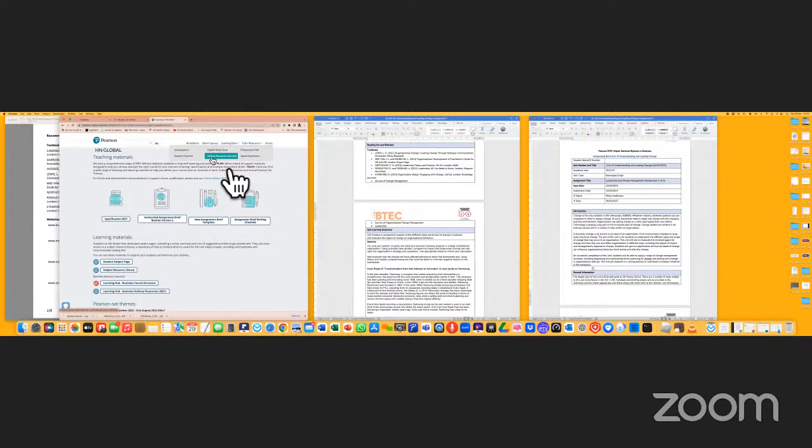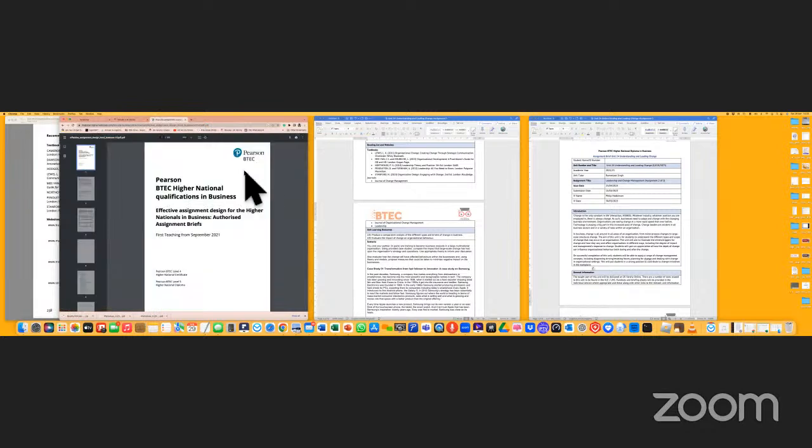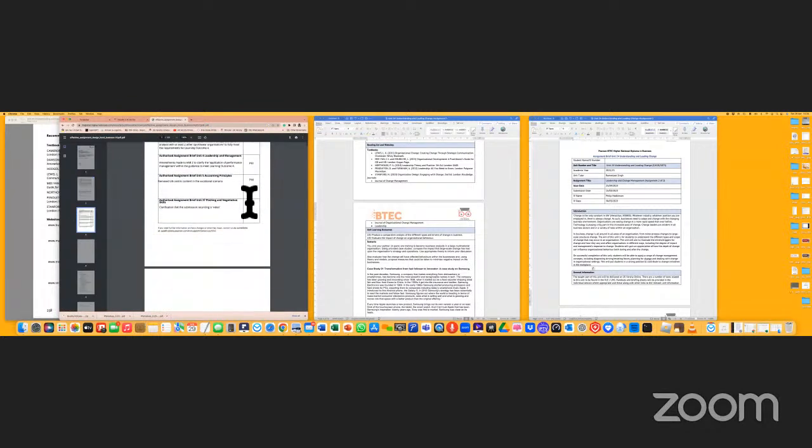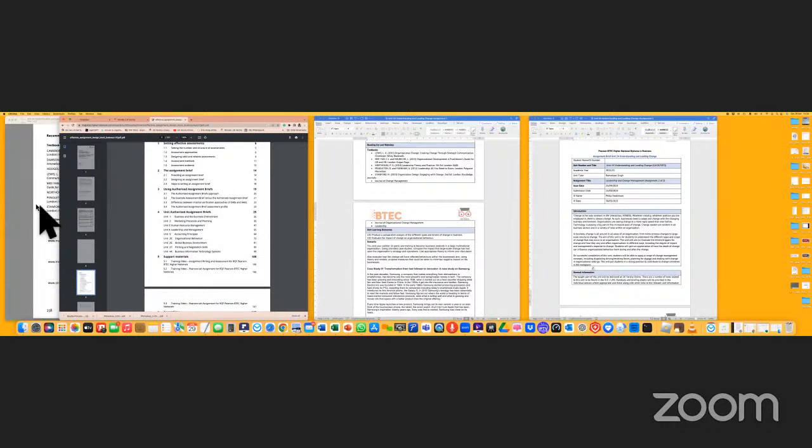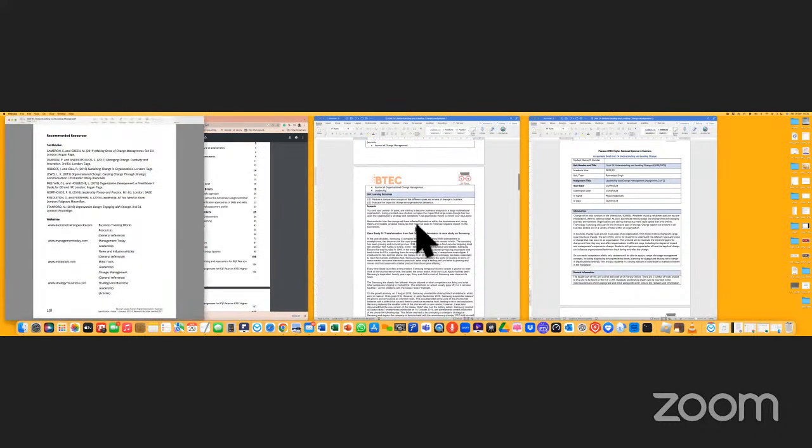They could be related to all the units that you're studying, and they would be available to you from this particular portal.